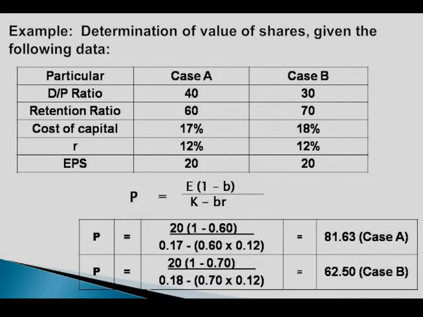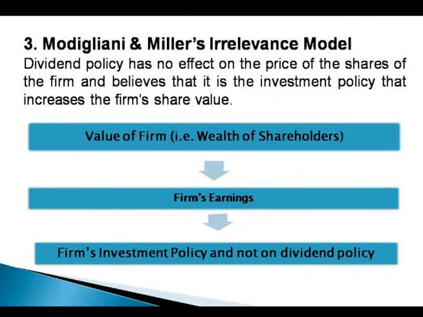Now come to the dividend irrelevance model, which is also known as the Modigliani and Miller irrelevance model. According to this model, dividend policy has no effect on the price of share of the firm, and it believes that it is the investment policy that increases the firm's share value, meaning thereby the distribution of dividend is not at all related with the market price of the share.